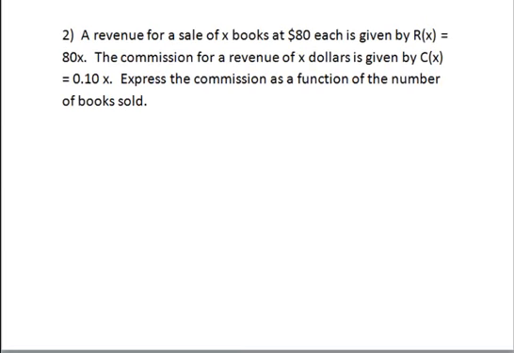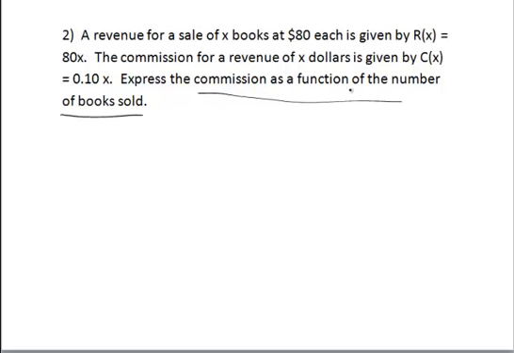A revenue for a sale of x books at $80 each is given by R of x is equal to 80x. The commission for a revenue of x dollars is given by C of x equals 0.1x. Express the commission as a function of the number of books sold.